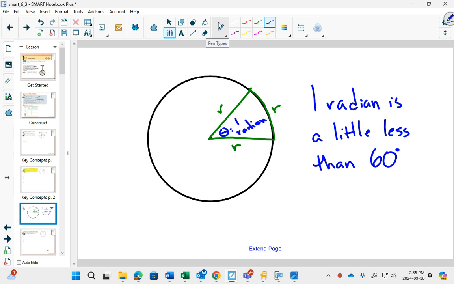So one way to be more precise is to use some knowledge about what we already know. If I go all the way around the circle in degrees, that would be 360 degrees.